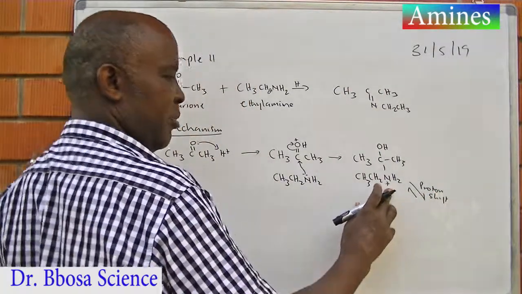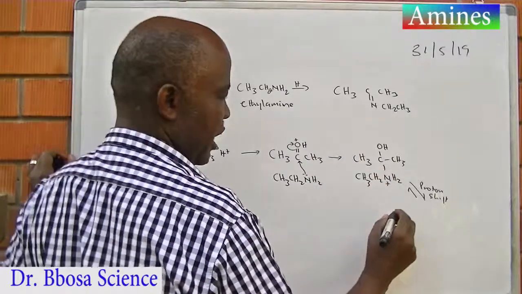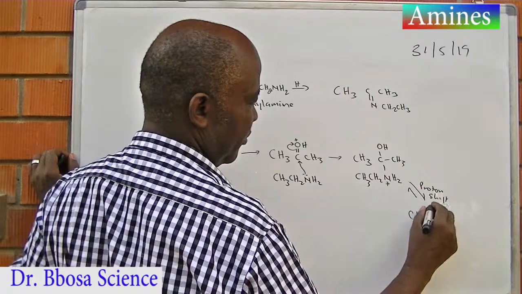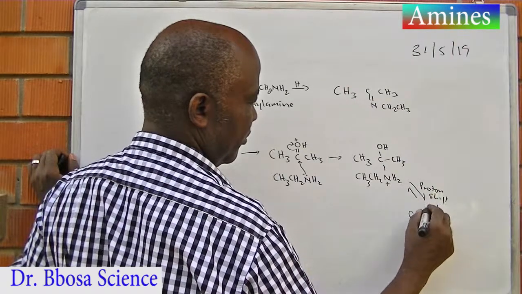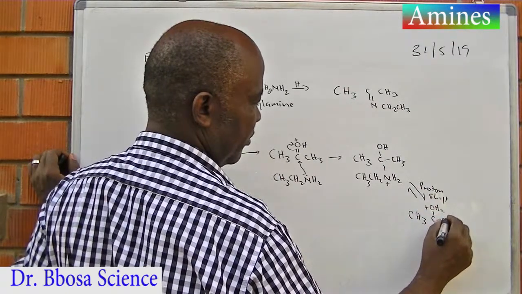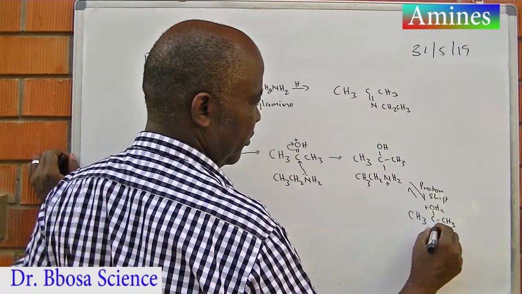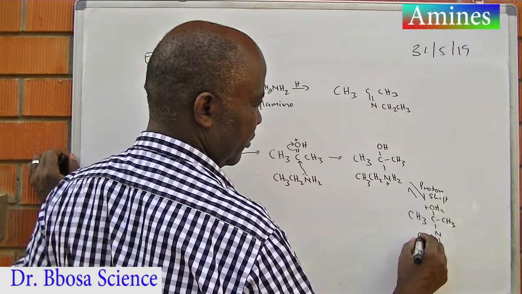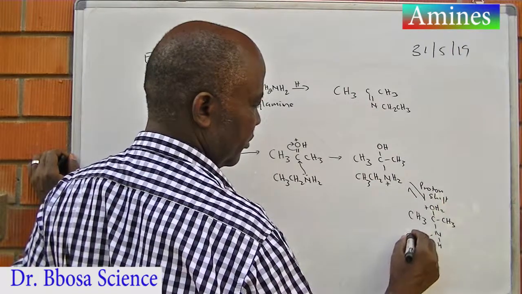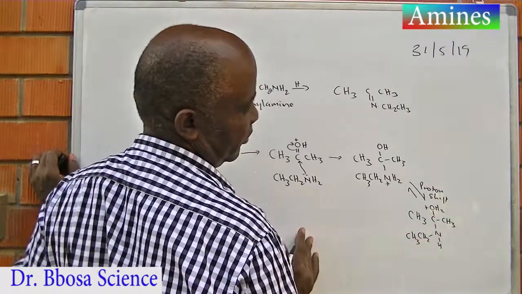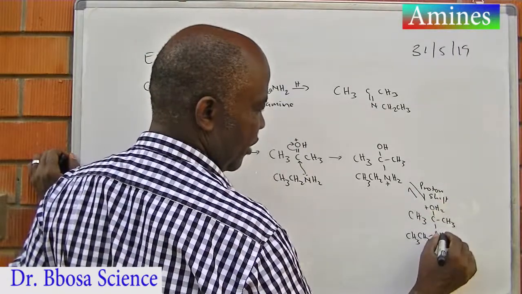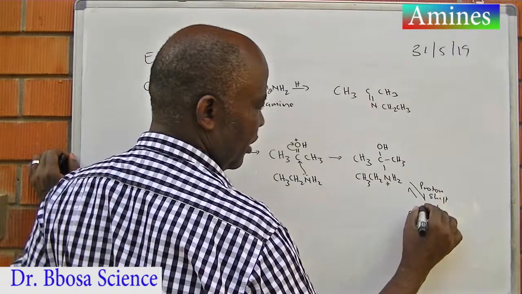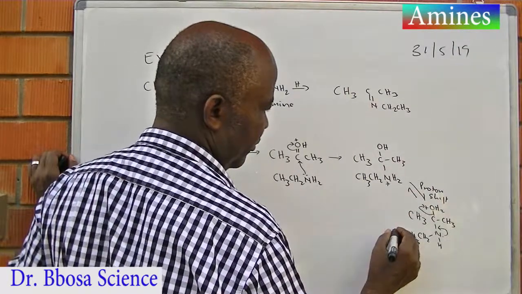A proton jumps from this nitrogen atom to this oxygen atom to form, then this one uses a lone pair of electrons to form a double bond there. This bond breaks off.